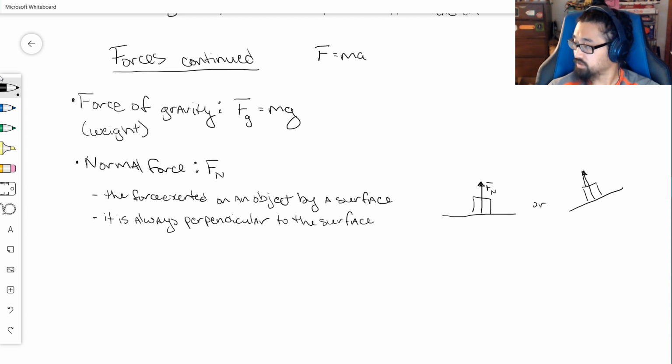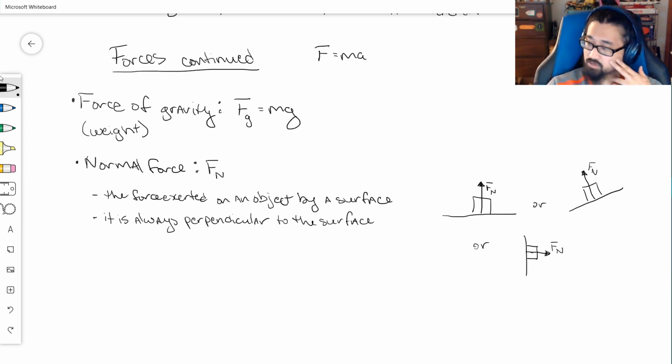The big deal I want to emphasize is that it's perpendicular to the surface. It doesn't just always point straight up. This would be the normal force. It's always perpendicular to the surface. That's important.